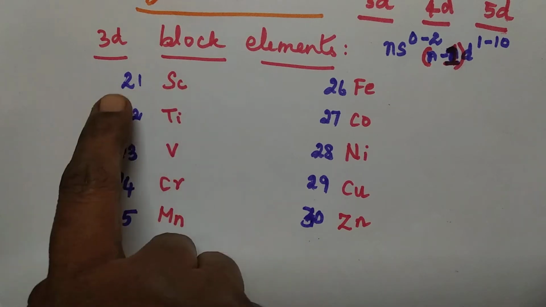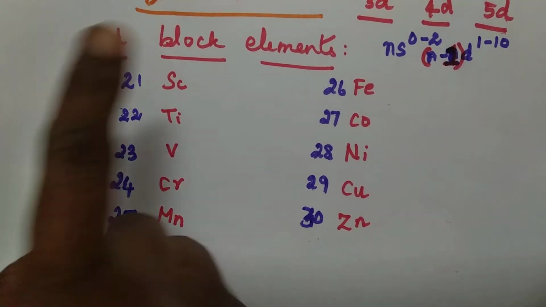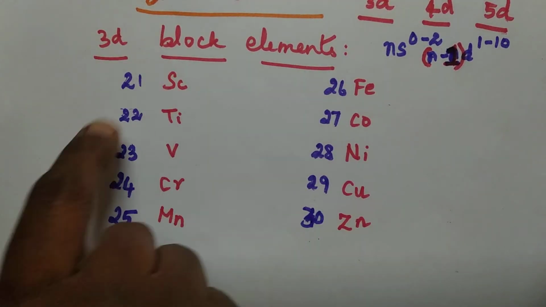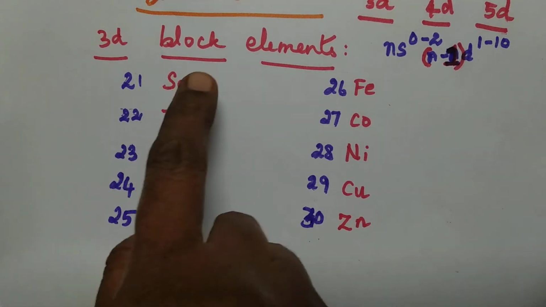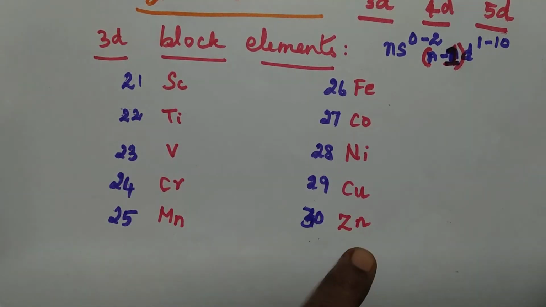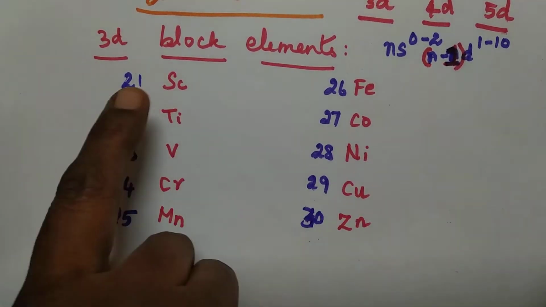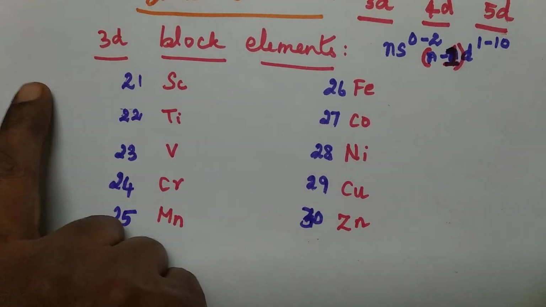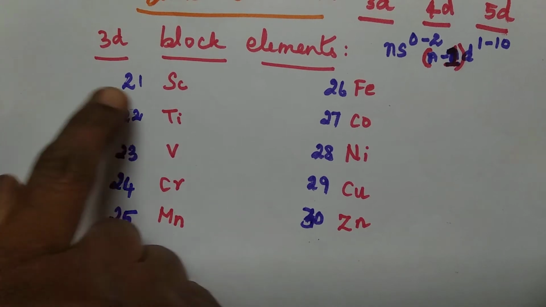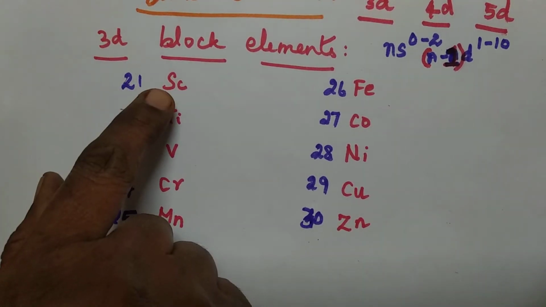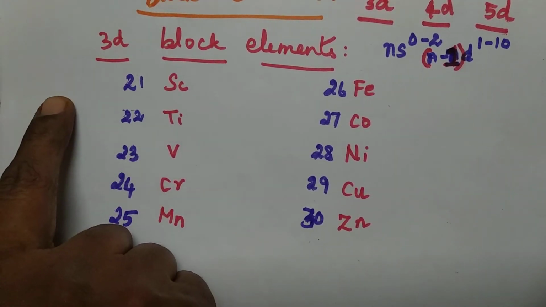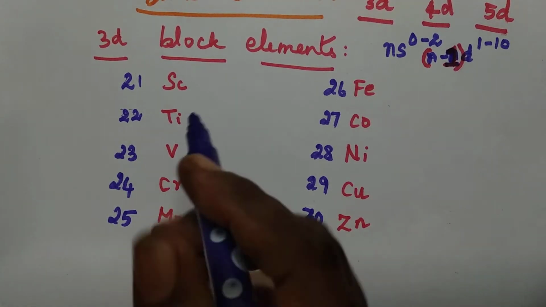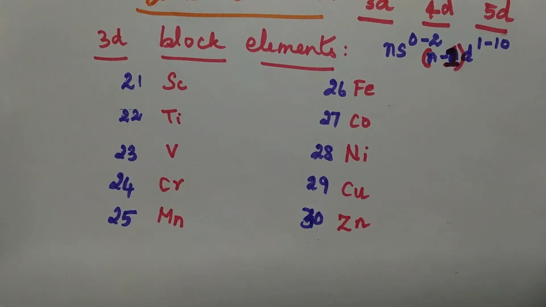Before scandium we have calcium and potassium. These are metals, and scandium to zinc are also metals. For scandium we have to see which is the previous octet configuration, that is, before potassium we have argon.